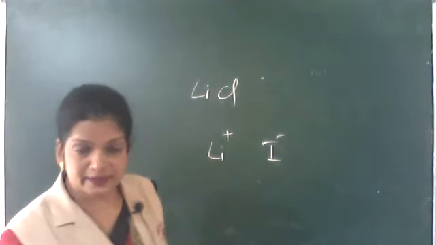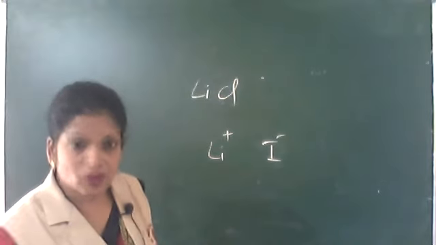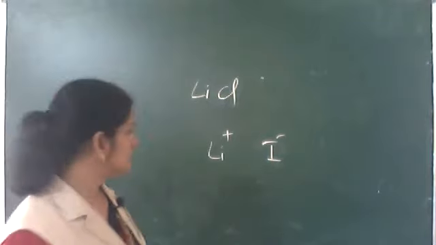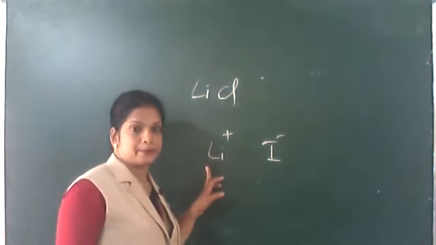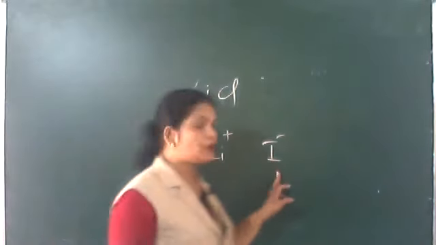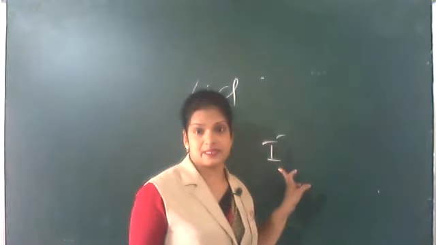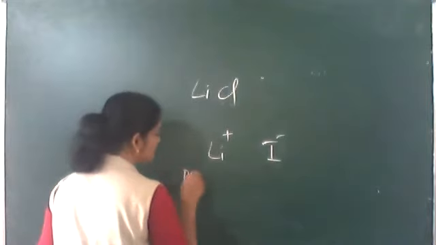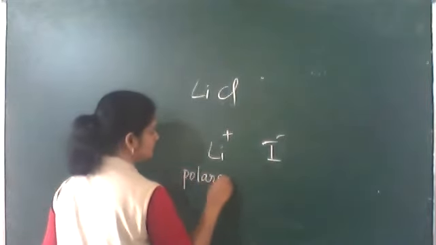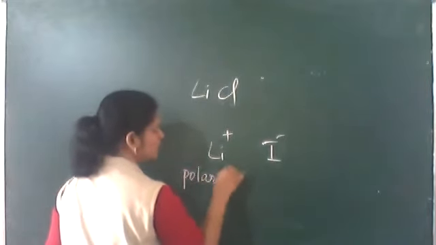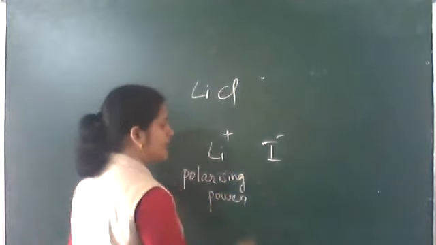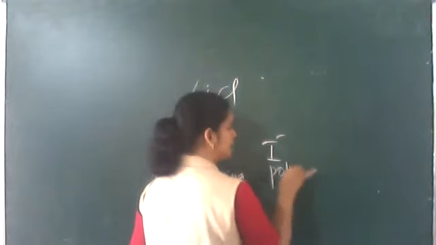If the electron density is higher at the center, it means it is a covalent bond. We expected an ionic bond, but due to its polarizing power and its polarizability, we use the terms polarizing power of cation and polarizability of anion.